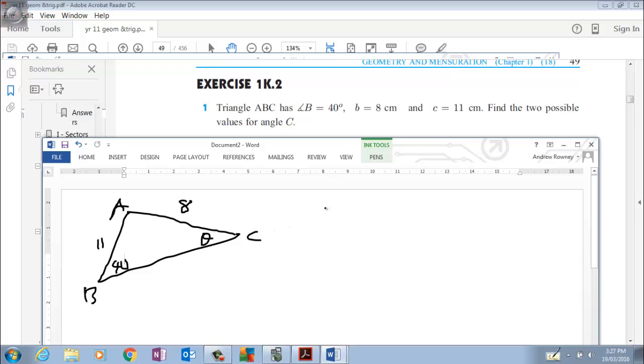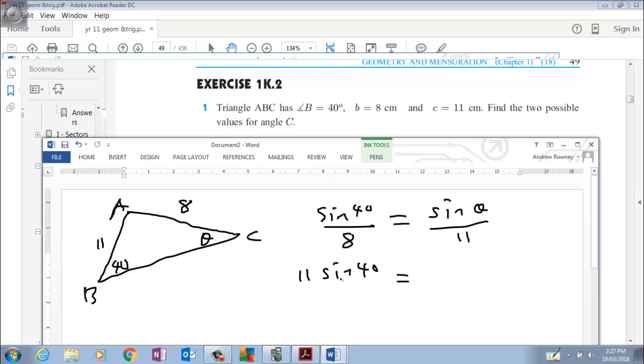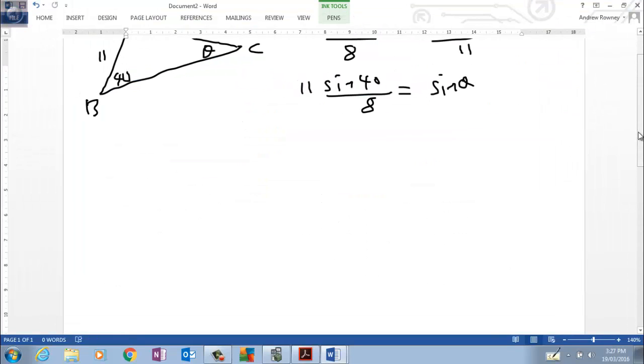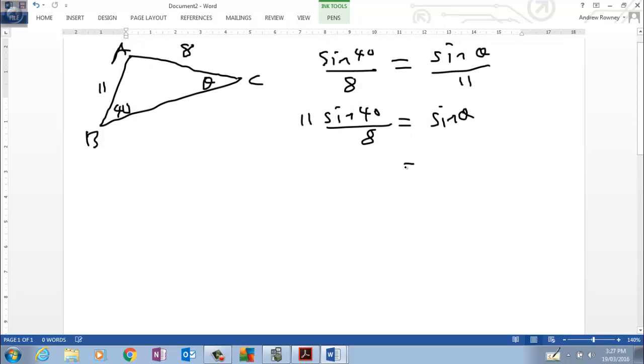So the sine rule is sine 40 divided by opposite side 8 equals sine theta divided by opposite side 11. Now we're going to multiply both sides by 11, so it's 11 sine 40 over 8. That's what our sine theta is. And now to get theta, we have to do the shift sine of 11 sine 40 on 8.